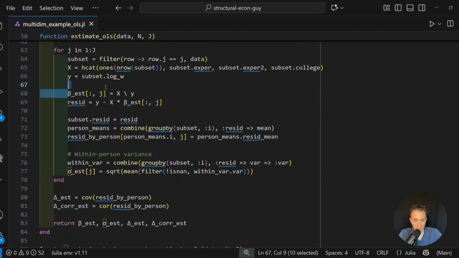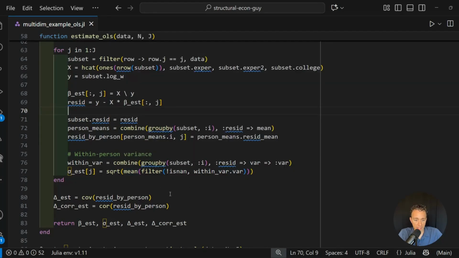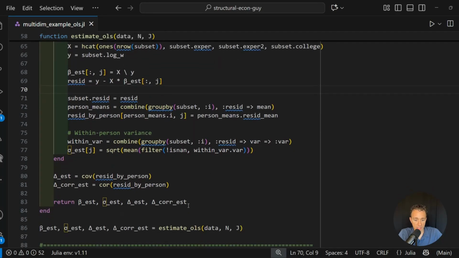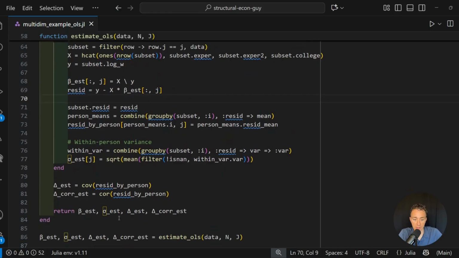So I've got my OLS estimation, and then I'm getting the residuals, and then I'm computing the average residual per person and occupation, and the within person variance per person and occupation. And then once we have that, we can just get the correlation in those quantities. That gives us an estimate of the delta and the sigma.